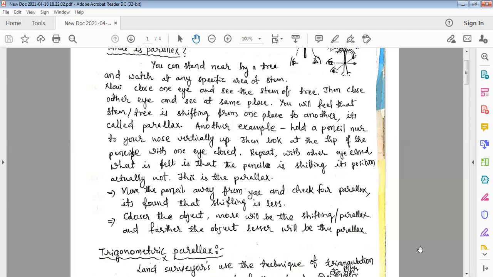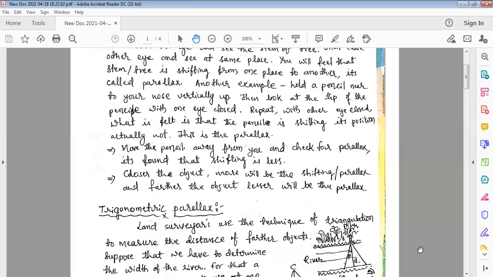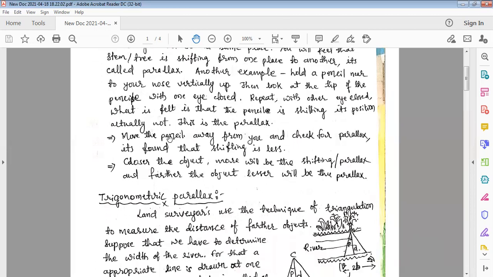In this experiment, what we observed is that when you move the pencil away from you and check for parallax, it is found that the shifting is less. That means initially the pencil was near to your nose and you checked the parallax. Then move the pencil away from your nose, then check for the parallax.